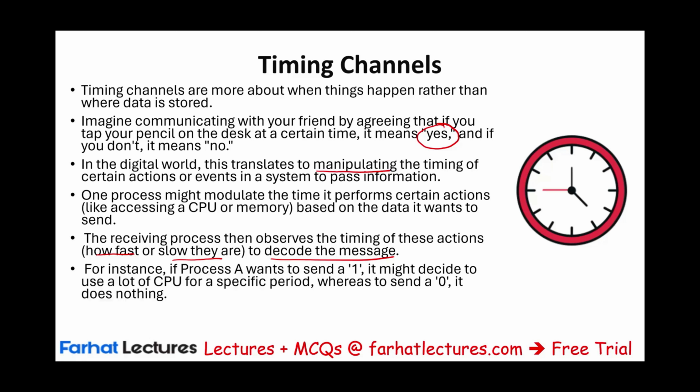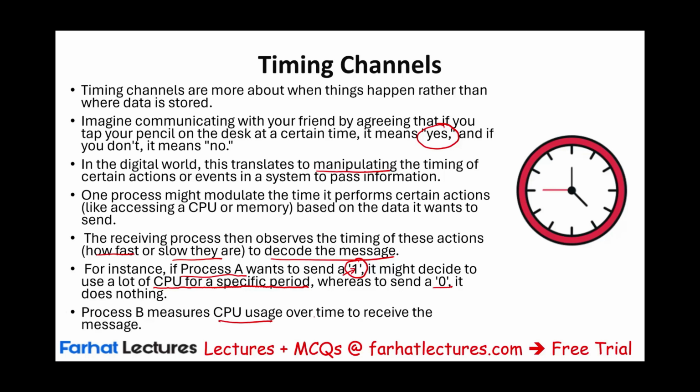For example, if process A wants to send a message 1, it might decide to use a lot of CPU for a specific period. Now the other party looking at this would say, okay, they want to tell me it's 1, whereas to send 0, it does nothing. So process B measures the CPU usage over time to receive the message, knowing when the message is 1 and when the message is 0. It's called timing, based on the speed of that process.